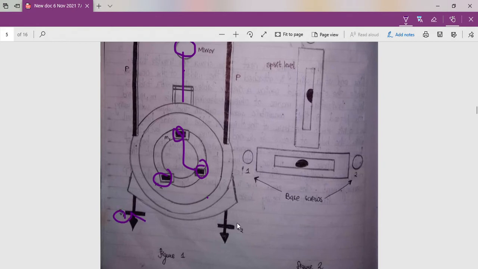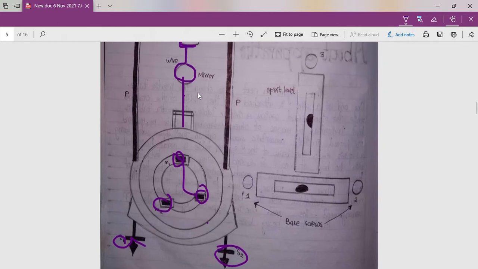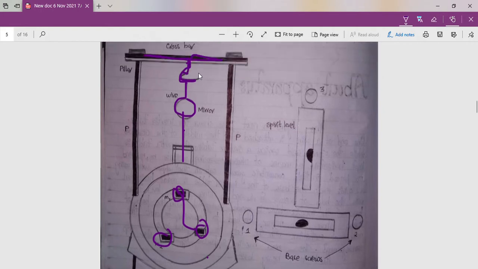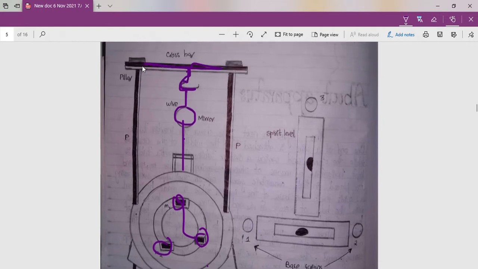Screw 1 and screw 2 help to keep the base horizontal. And the mirror helps us in counting the number of oscillations. This crossbar is fixed to the pillar. This is the pillar.